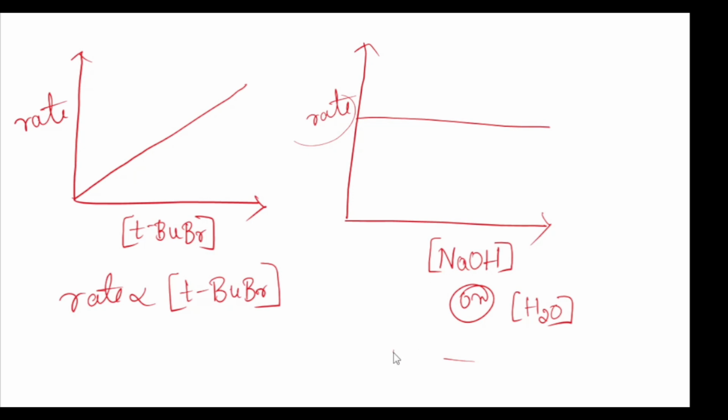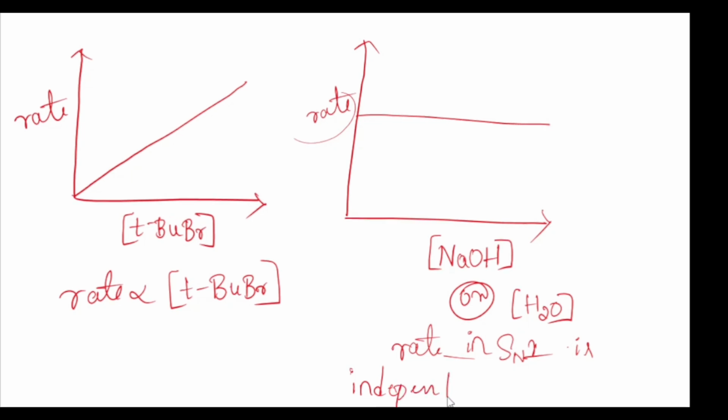That means the rate equation in the SN1 reaction is independent of the nucleophile used. This is the conclusion we got from this.